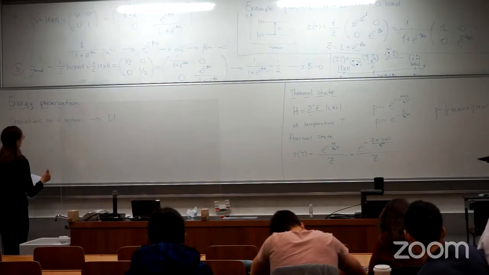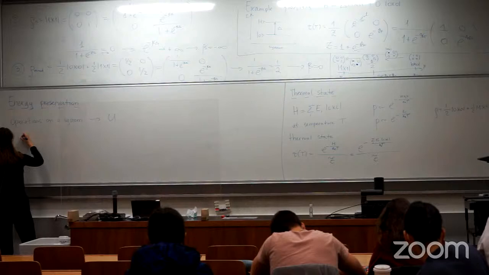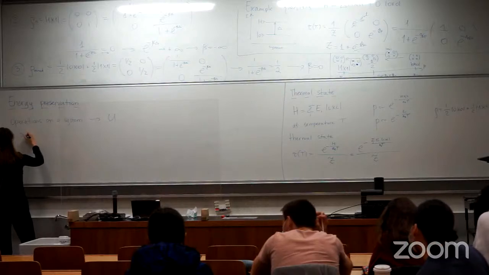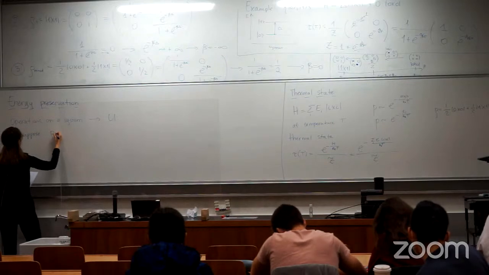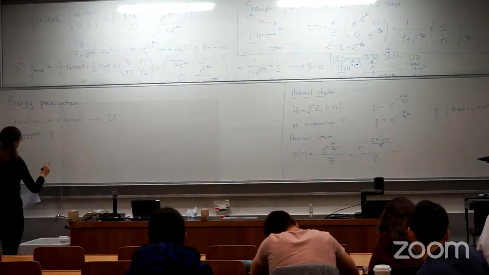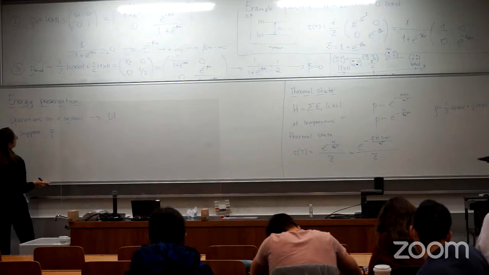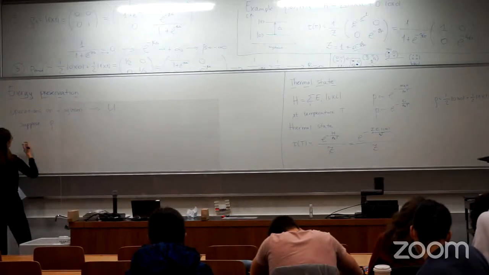So suppose that the system is in a state rho. Then first thing, how do we calculate the energy of the system, or the expectation value of energy?